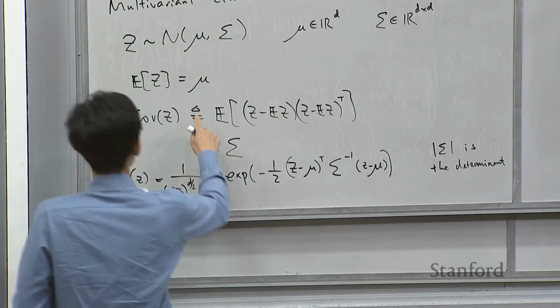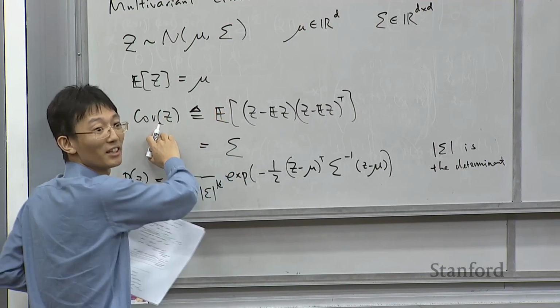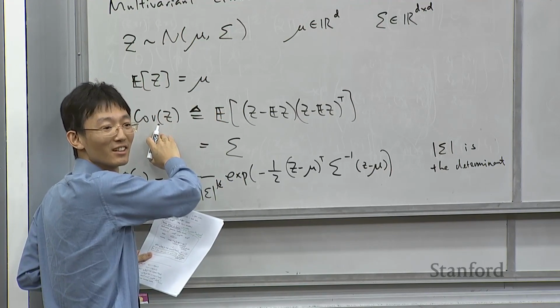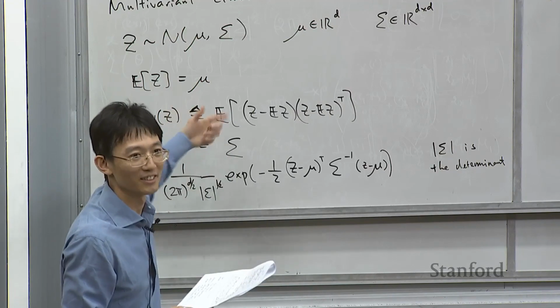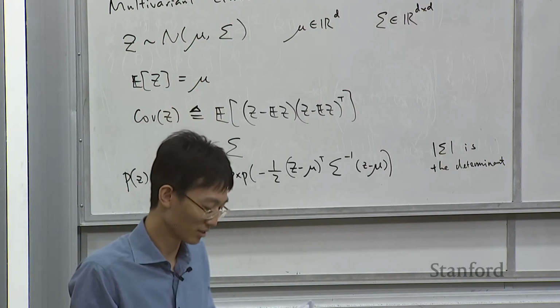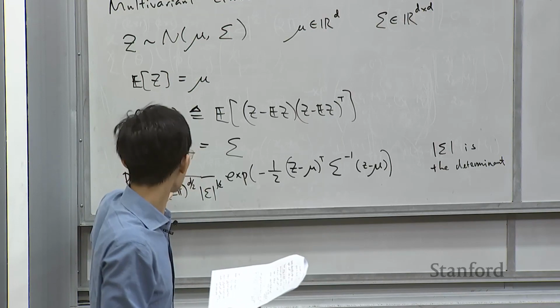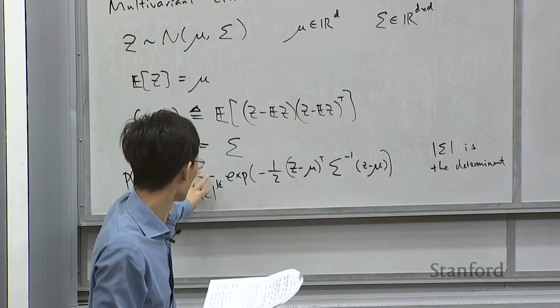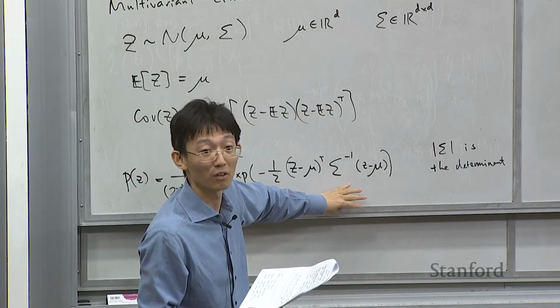This is just the definition of the covariance, in case you don't know the definition. I'm just using it to indicate a definition. And by the way, I don't think we really have to remember this formula. The most important thing is that you have a constant times an exponential of some quadratic form of z.